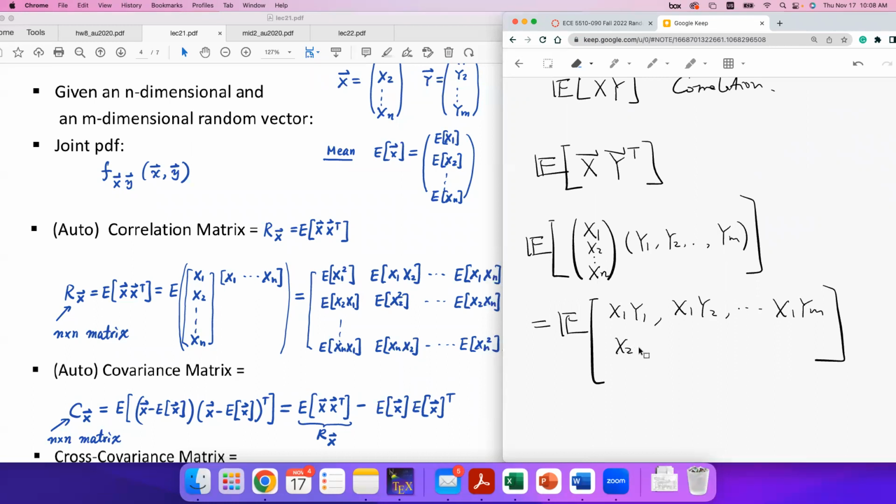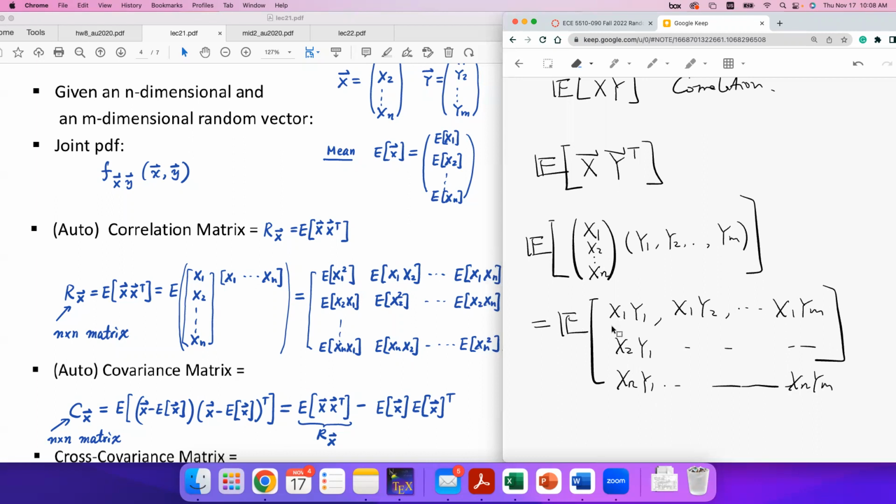And X2Y1, I will not go over everything, but in the end it's XnY1, and the last one is XnYm. You have this matrix of products of random variables. In this matrix, every entry is a product of two random variables.